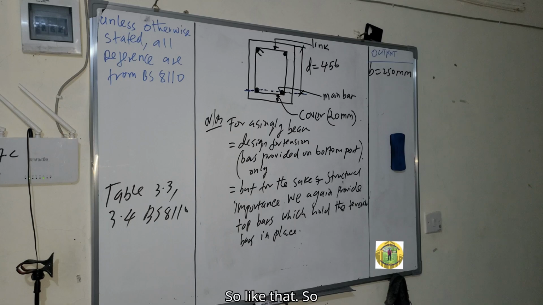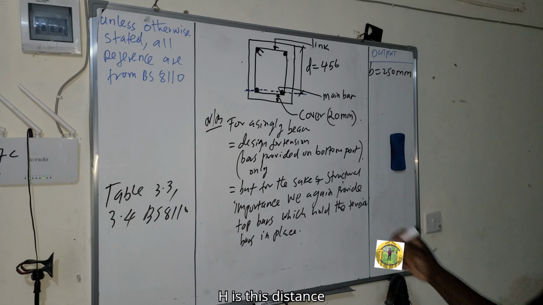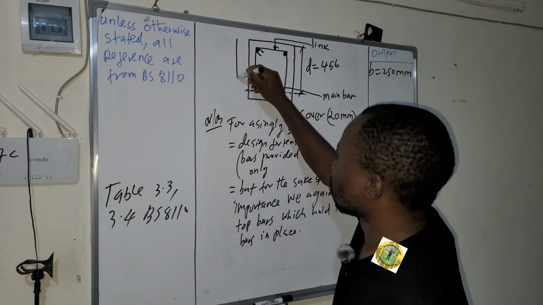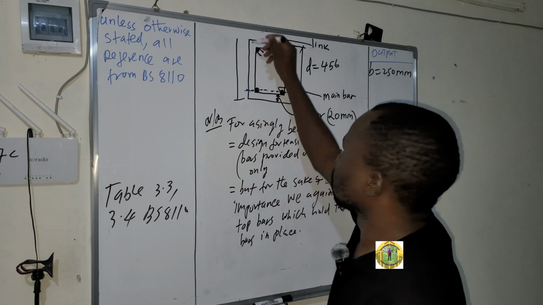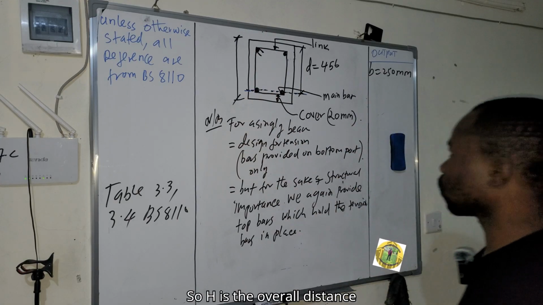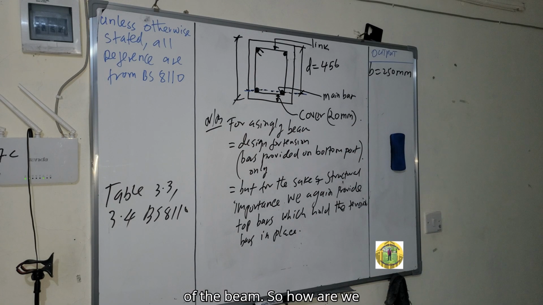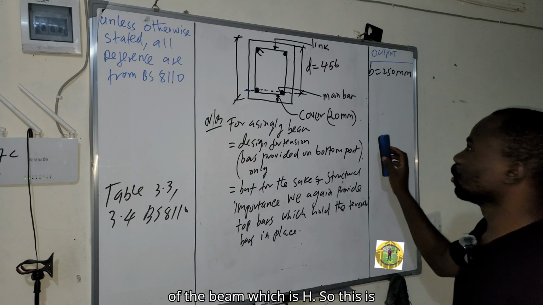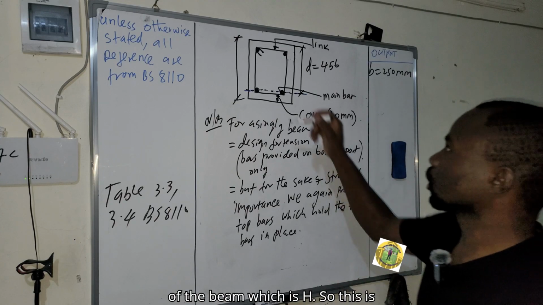So H is this distance. H is the overall depth of the beam. So how are we going to calculate this overall depth of the beam, which is H?